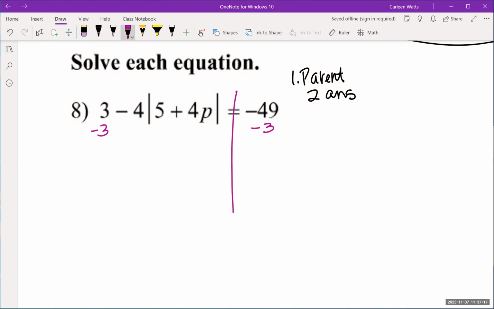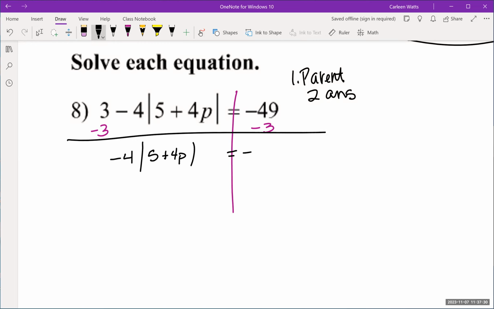Subtract 3 from both sides. -52. Here's the hardest part right here. What is the next step? Ding, ding, ding.